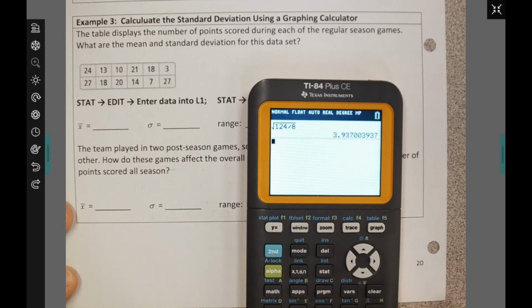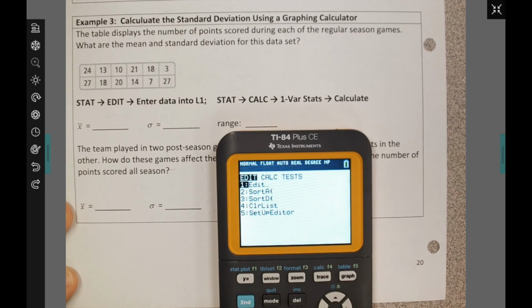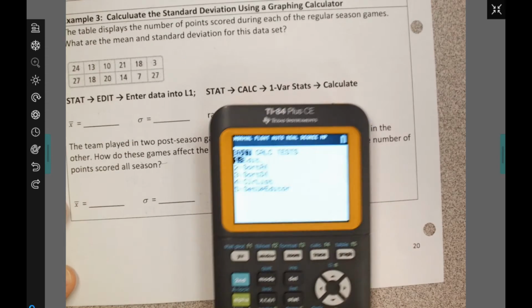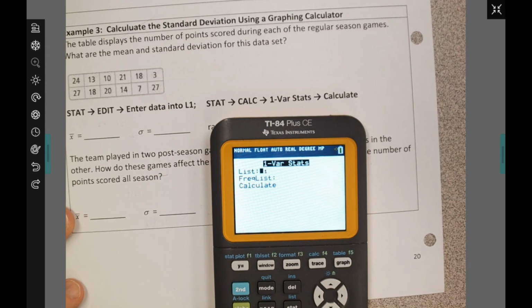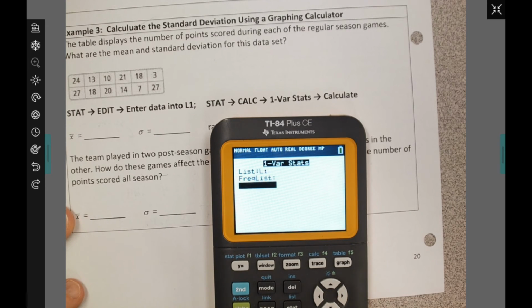Okay, get out. We're going to then go to stat, because everything revolves around the stat button, which is right here. You're going to go to calc, because we actually want to calculate one of our stats. Make sure L1's right there. It should be. And then we're going down to calculate, hit enter.